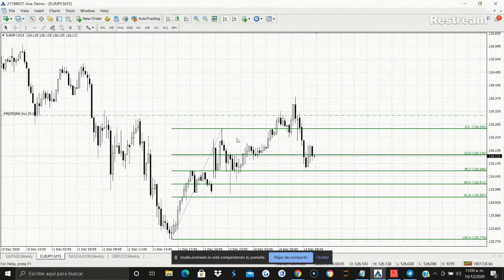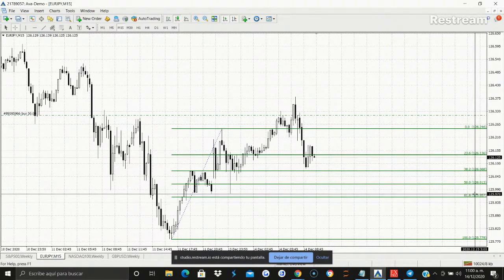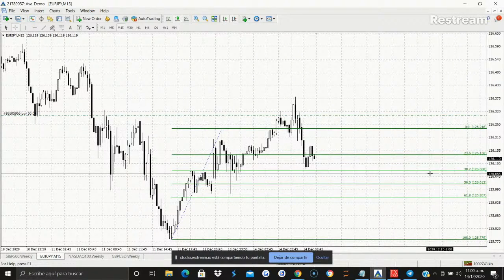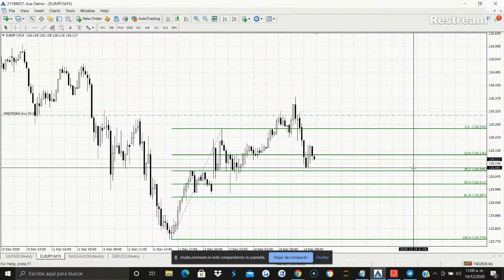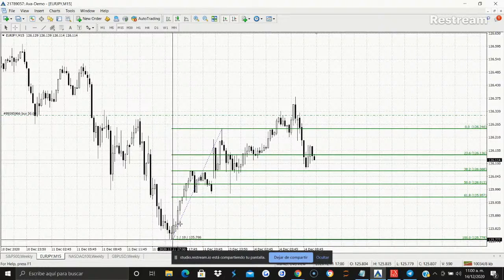When I look at this, the two levels I always want to pay attention to are the 61.8%, this one to the right, and the 38.2. Those are the key levels, okay? That's where you need to focus. Now, the market in this case went all the way from 125.77, and then it slowed down at 126.24.